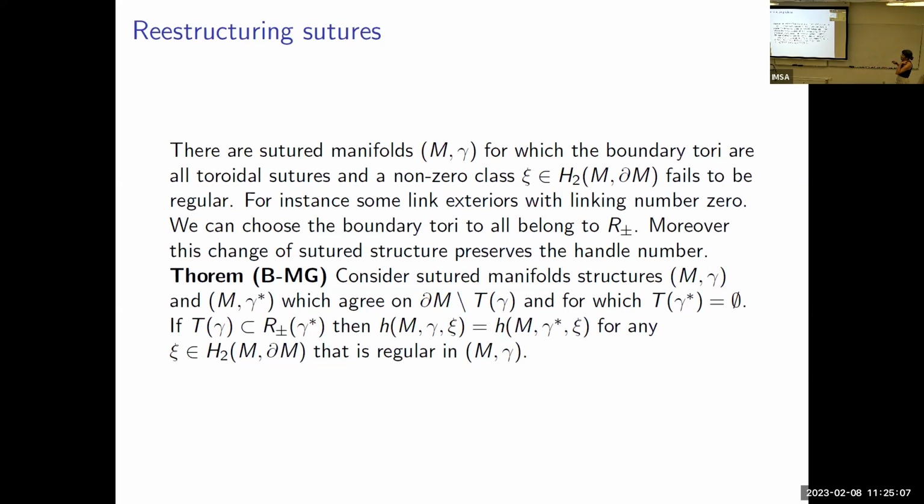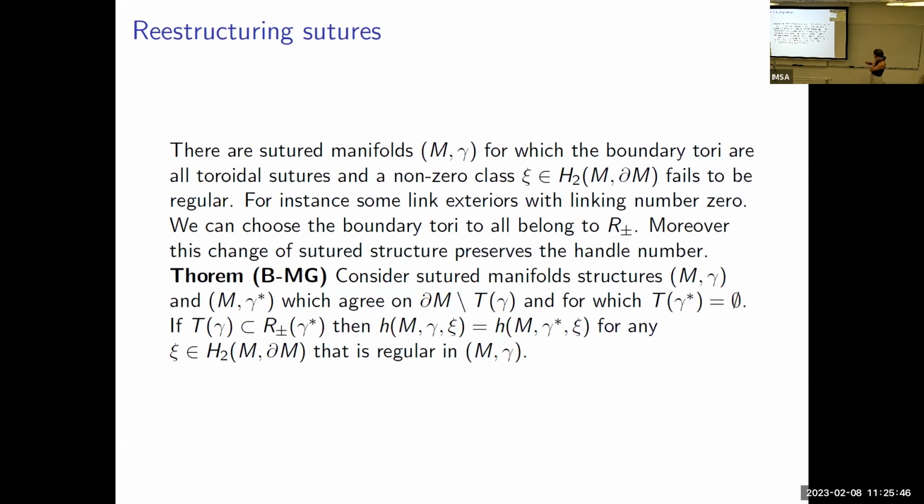For instance, some link exteriors with linking number 0. But we can restructure the suture structure to avoid that. The way we do it is we choose all the boundary tori to belong either to S plus or S minus. So this changes the suture structure.